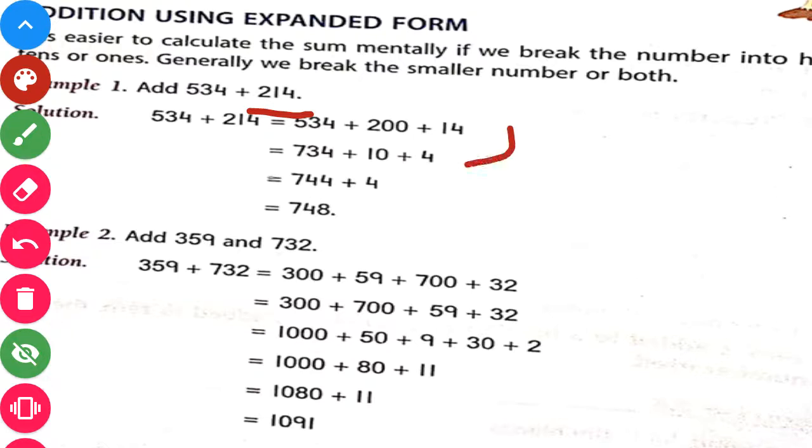And again they have expanded 14 to 10 plus 4. So 734. How did they get 734? 500 plus 200 will give us 700, then adding 34 gives 734. And then 734 plus 10 will give us 744. And 744 plus 4 will give us 748.